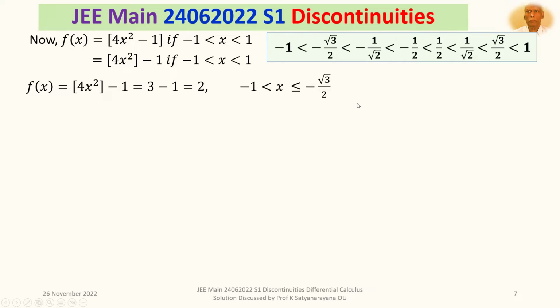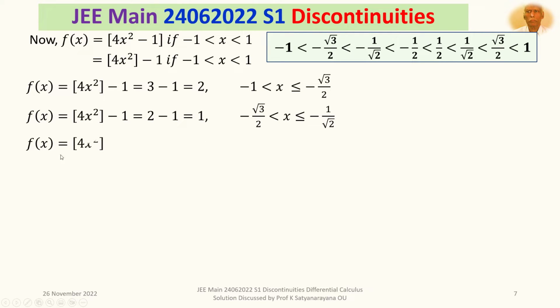So f(x) = [4x²] - 1, and in this interval it is 2. Now f(x) = [4x²] - 1 is 1 - 1. So in this interval this is 1 and this is -1. So this will be 0.